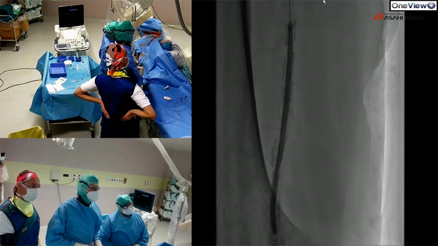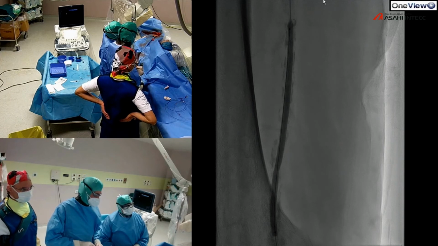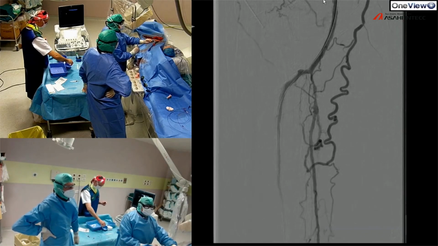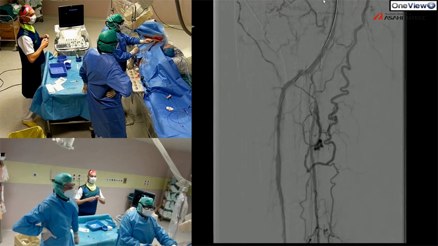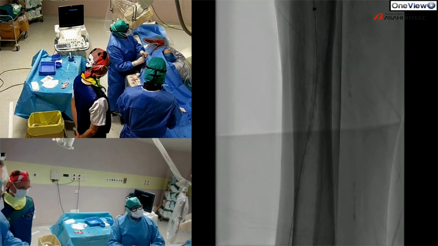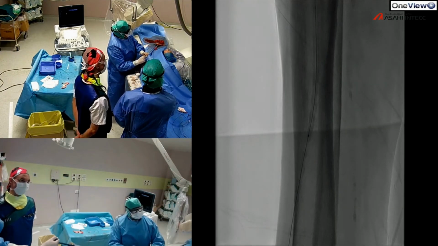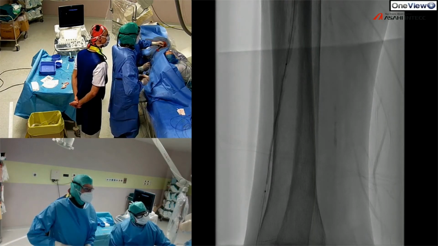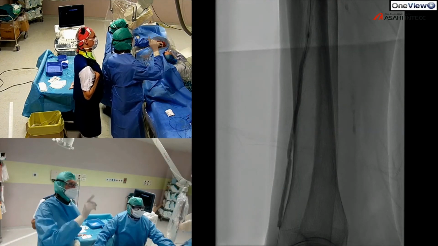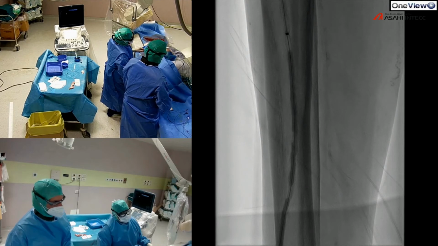This is the predilatation in the occlusion of the SFA, just to remove all the friction and to advance a long sheath in order to try to improve the capability to cross with the balloon.